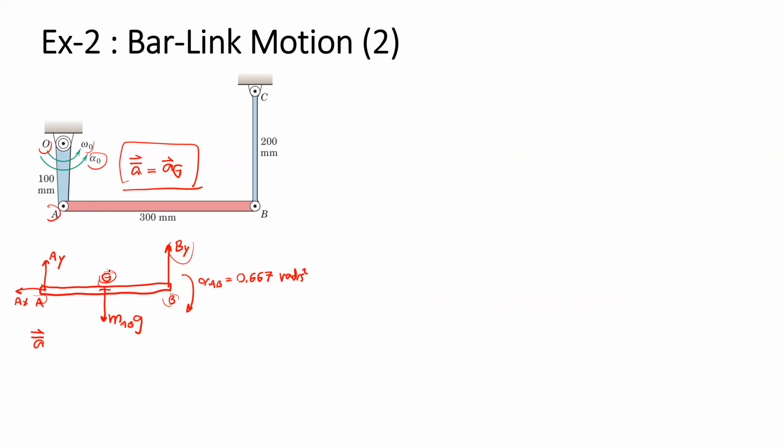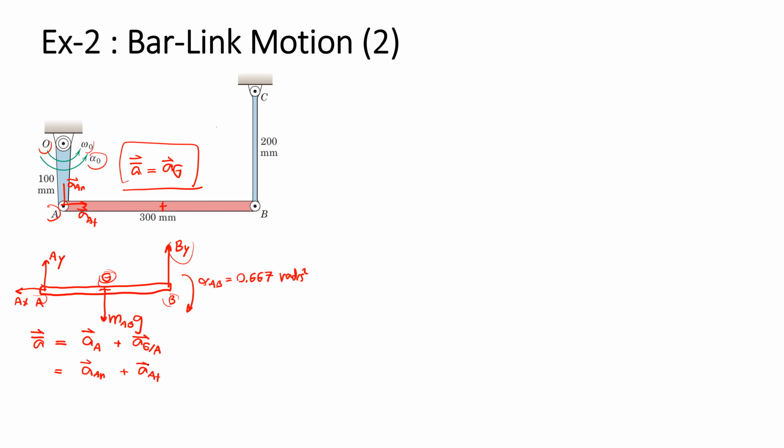If we want to know the acceleration vector of point G, we just use the acceleration of point A plus the relative acceleration of G with respect to A. For the acceleration of A, we have the normal and tangential components, AAN and AAT.